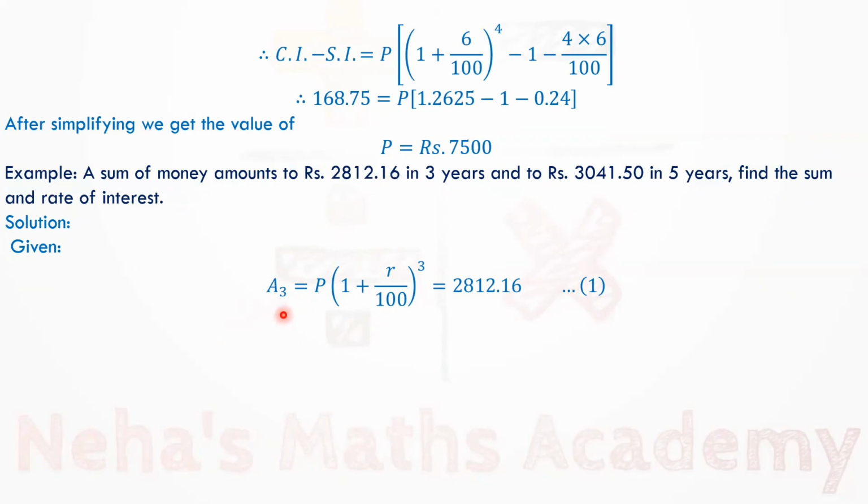So the amount after 3 years, A3, is equal to P into (1 plus R upon 100) raised to 3, which is 2812.16. Similarly, the second equation is the amount after 5 years, A5, is equal to P into (1 plus R upon 100) raised to 5, that is equal to 3041.50.